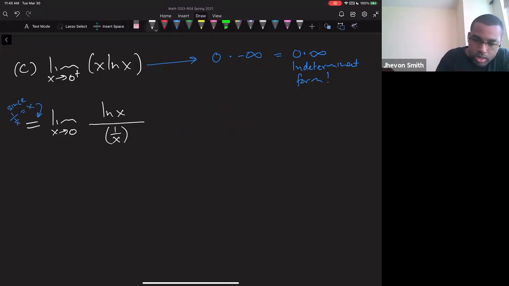And now you can notice, as x approaches 0 from the right, ln would approach negative infinity. As x approaches 0 from the right of 1 over x, that would approach positive infinity. So here we have an infinity over infinity. This means L'Hopital suddenly applies just by me rewriting.